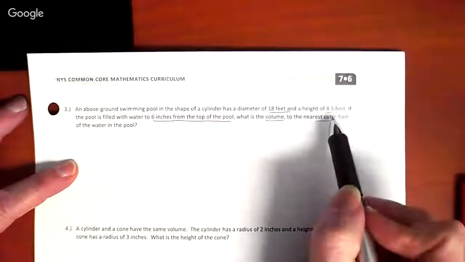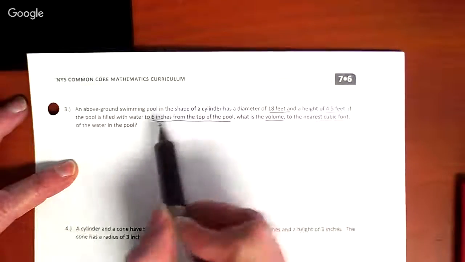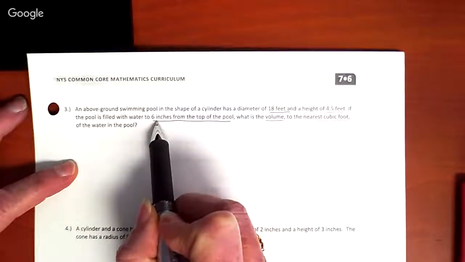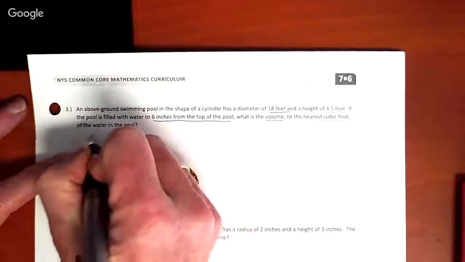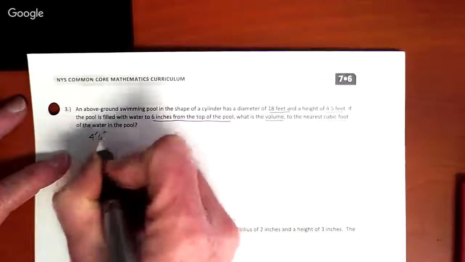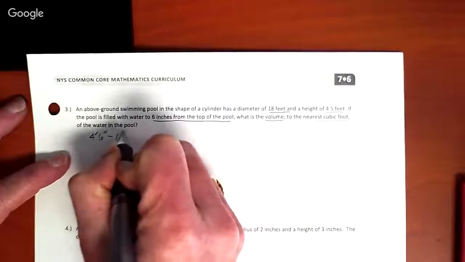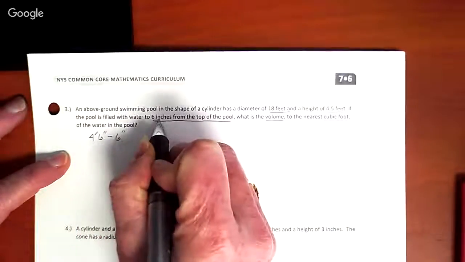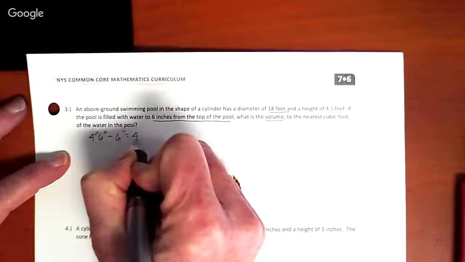Well, the first thing we have to look at, the height is 4.5 feet, and the water is filled to 6 inches from the top. So it's 4 feet and 6 inches, because 6 inches is half a foot, we have to subtract that 6 inches from the top, which means our height is 4 feet.